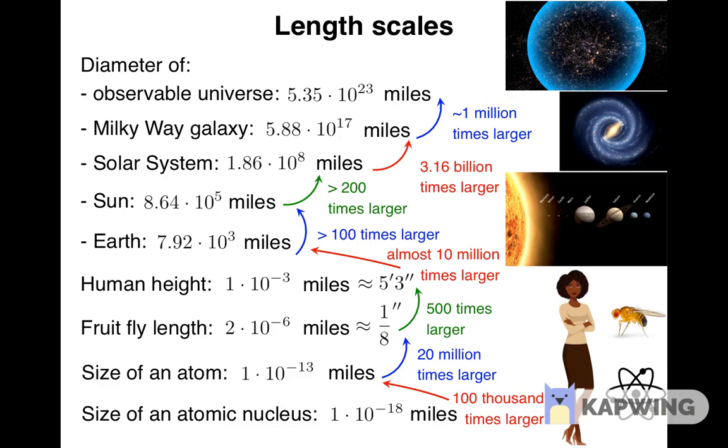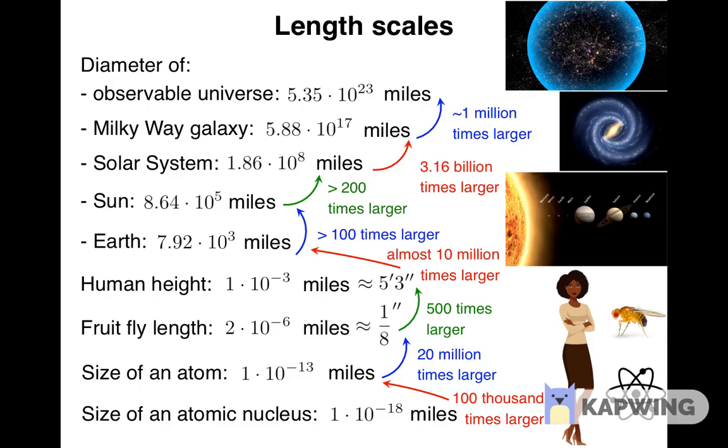If we know that the Earth is 7,920 miles across, and an average human is 1 times 10 to the minus 3rd power miles tall, we can determine how much larger the Earth is than the human by simply dividing the size of the Earth by the size of the human.